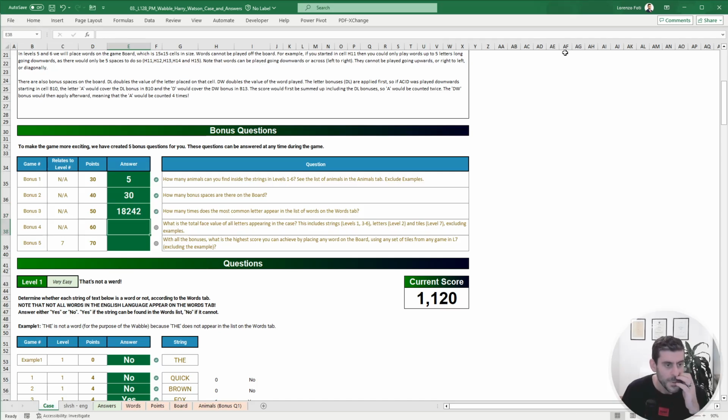Okay. What is the total face value of all letters appearing in the case? This includes strings, 136 letters and tiles, excluding examples.